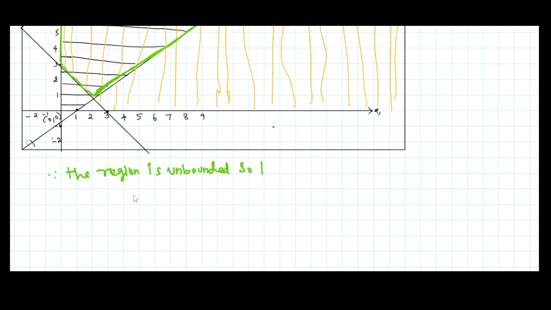So this problem has a solution, but it has no optimum solution.